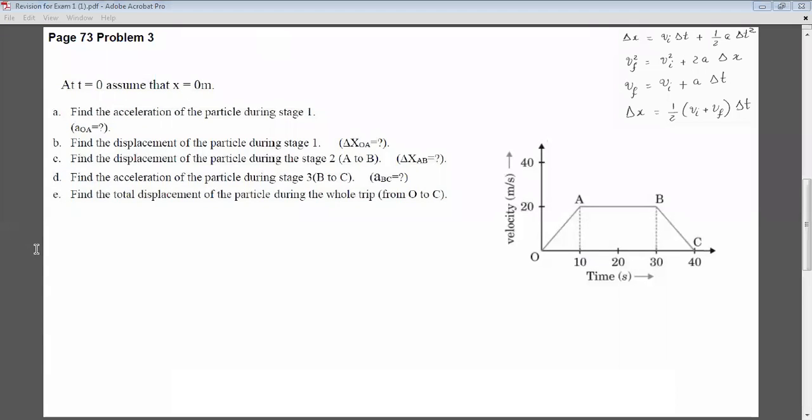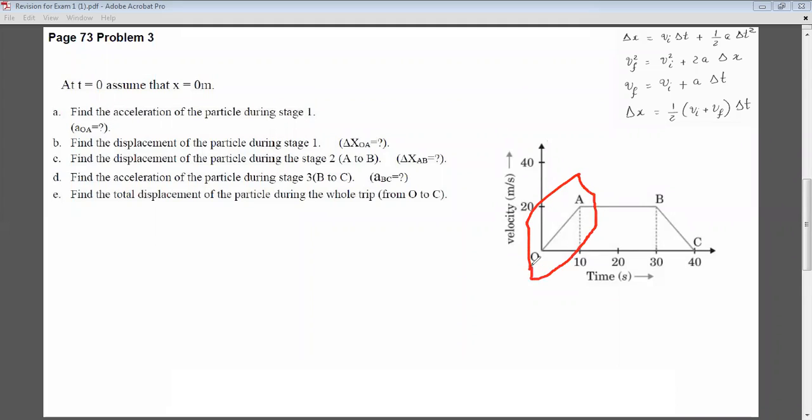Now, let's do it part by part together. Find the acceleration of the particle during stage 1. So we look at stage 1. It's here.